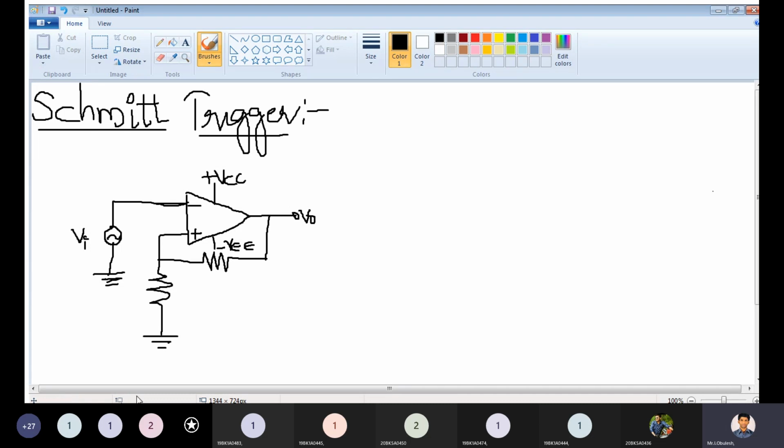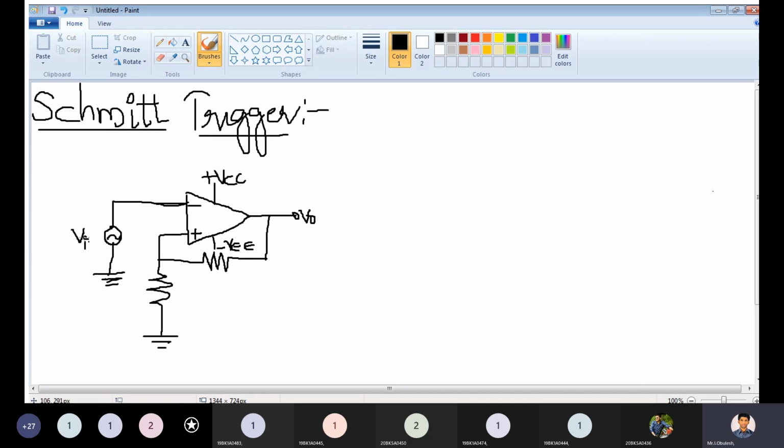This is fed back to the non-inverting input, which is of the same polarity as that of the output. This ensures positive feedback.